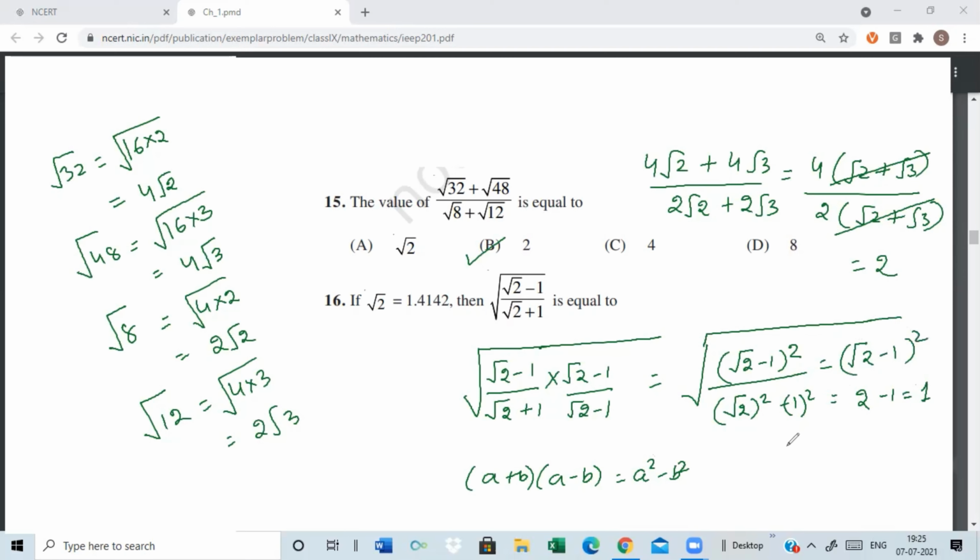So the whole expression is the square root of root 2 minus 1 whole squared, right? Now square root and square get cancelled and we get the answer root 2 minus 1. So that is the answer for question 16.